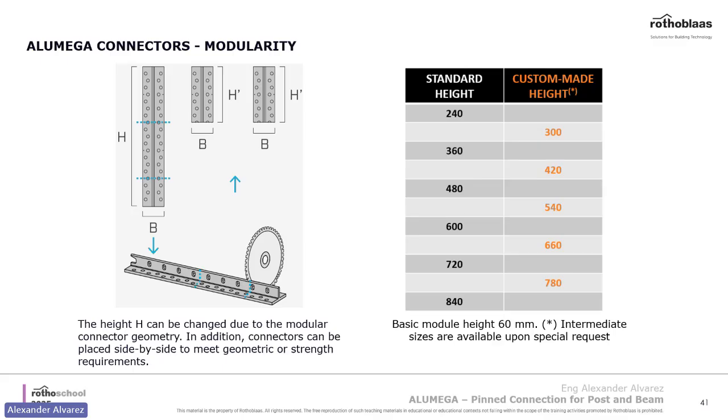So don't worry, we can give you a custom-made one, 420, which is about 16 inches. You can see that we can always cut them up. They're modular. So we can still give you the perfect size you're looking for, to make sure you're able to handle the loads you're dealing with.